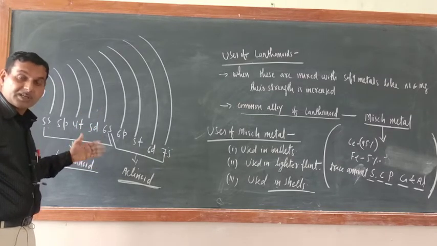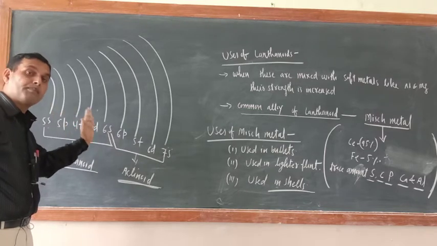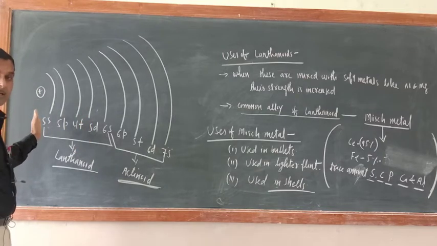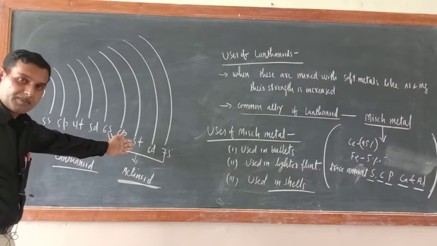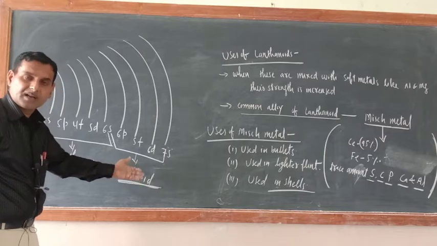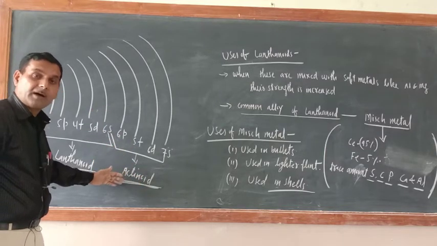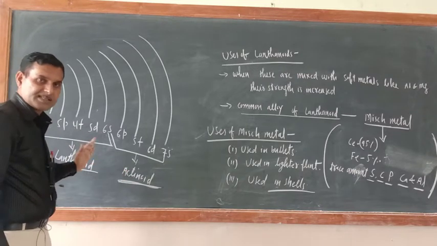Another thing: since their subshells are close to the nucleus, deeply penetrated toward the nucleus, their ionization enthalpy will be more, and you have to supply more energy. The actinoid subshells are away from the nucleus, so their ionization enthalpy will be less. So the reactivity of the actinides will be more, and the reactivity of the lanthanides will be less.